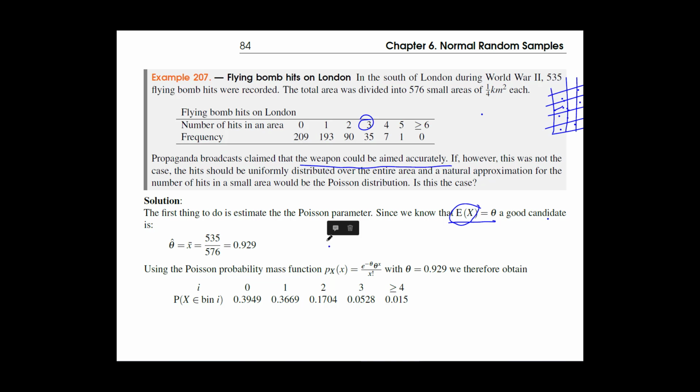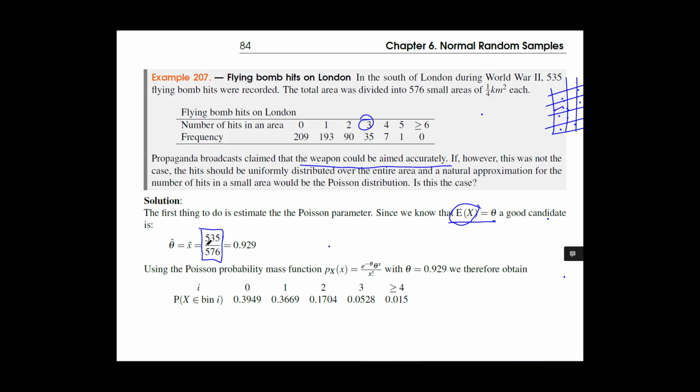In this case, the mean is 535 divided by 576, because there were 535 bombs and 576 small squares. That's the average number of bombs per square: 0.929. So our best model, with this information, is that the number of bombs is described by a Poisson distribution with this parameter theta.